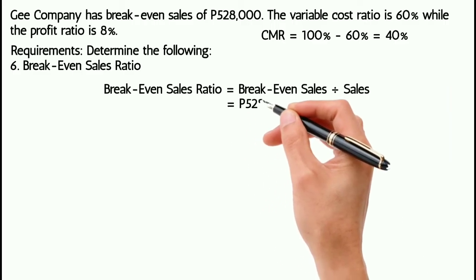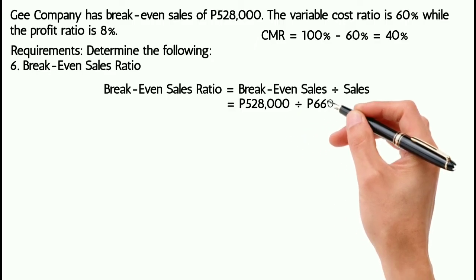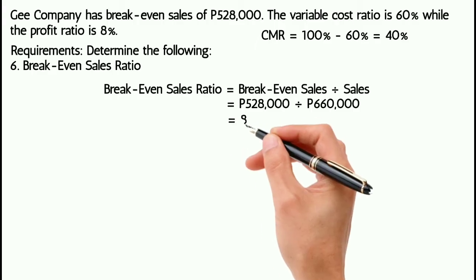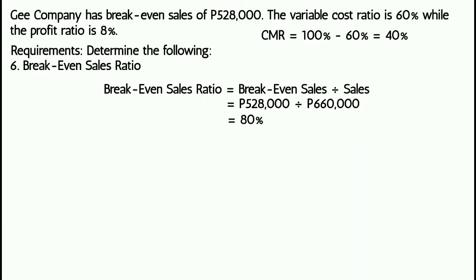Ang break-even sales ay 528,000 pesos at ang sales ay 660,000 pesos. 528,000 pesos divided by 660,000 pesos, that is equal to break-even sales ratio of 80%. So our answer in requirement number 6 is 80%.